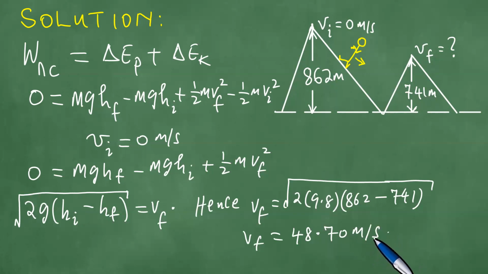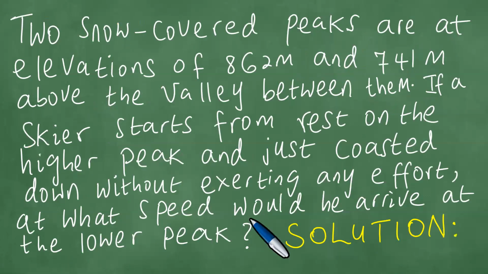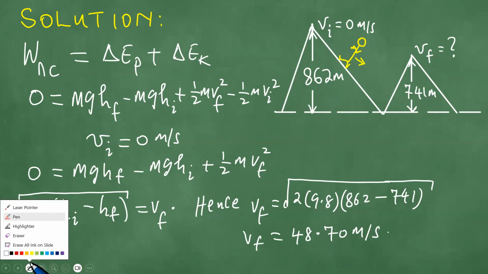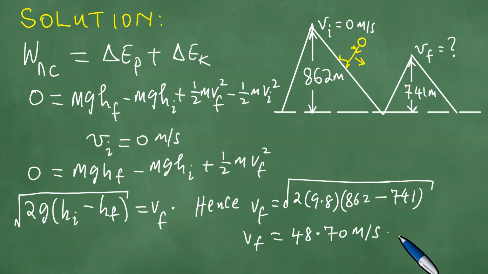So this is going to be the speed at which it's going to reach, because that is the question: at what speed? So direction is not important, it's just the speed, and therefore the speed at which it's going to reach is exactly 48.70 meters per second.